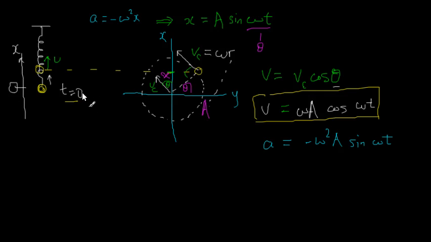When t is equal to 0, I described the motion of the ball as starting from x equal to 0. This agrees with this formula: when t is 0, sine of 0 is 0. So this formula describes a motion that starts at zero displacement when time is 0. So it goes up and down.